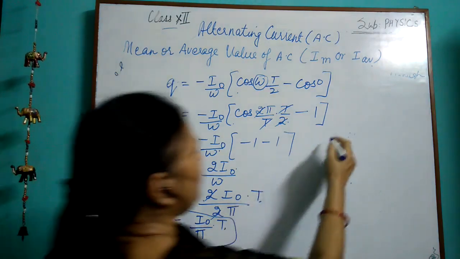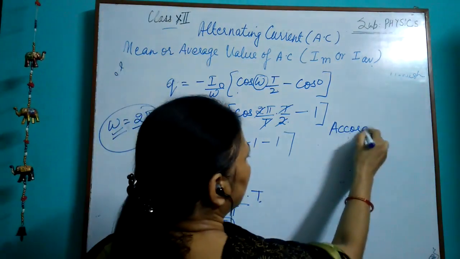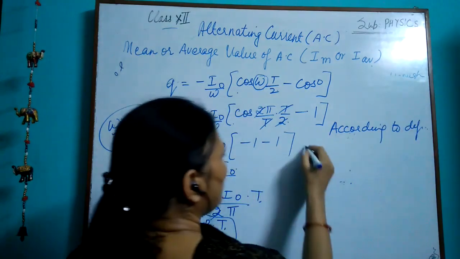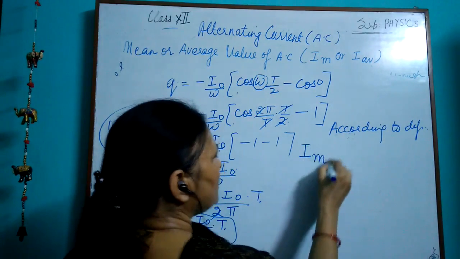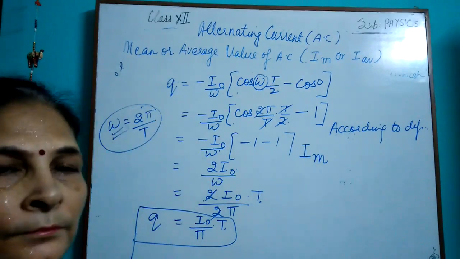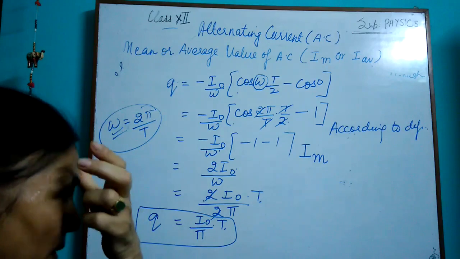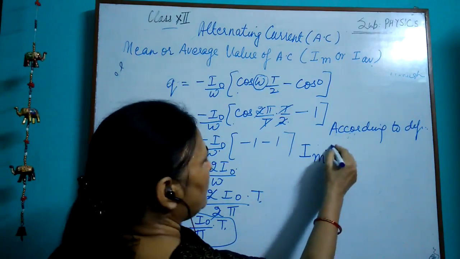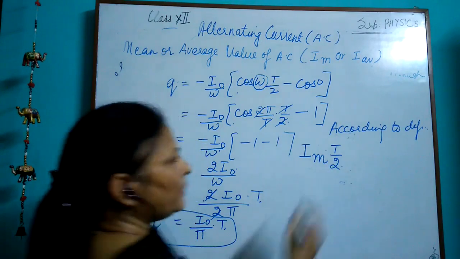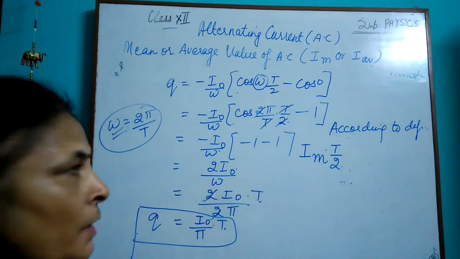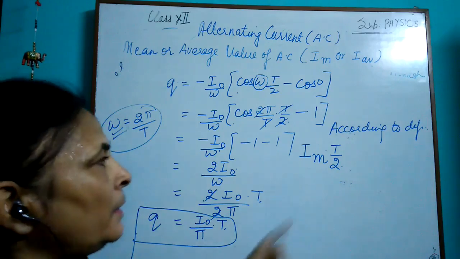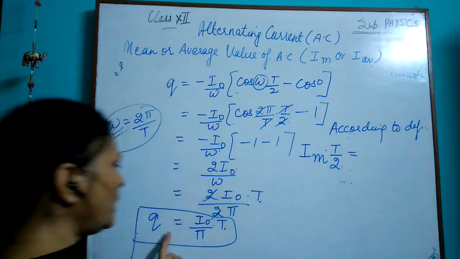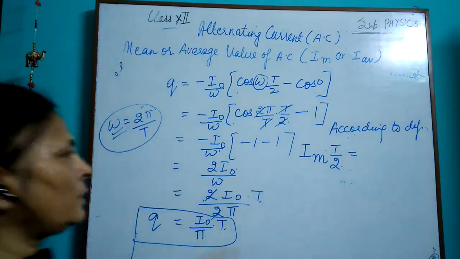Now according to the definition, if Im is the mean value of the steady current, and it flows through the same time period T by 2, the charge flowing will be Im into T by 2. This must be equal to the charge flowing when AC was there between 0 to T by 2.